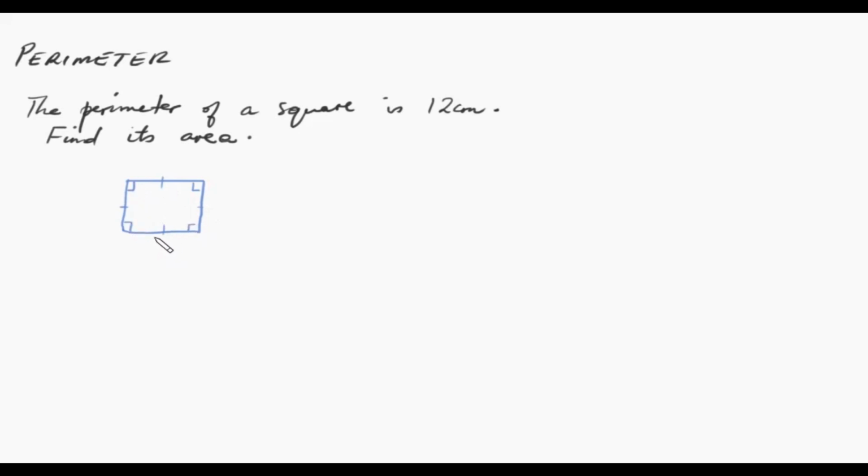Now, if they say the perimeter of a square is 12 centimeters, that means when you add the four sides of the square, you get 12. So to get the length of one side, you just divide 12 centimeters by 4, and you get 3 centimeters. So each side is 3 centimeters.